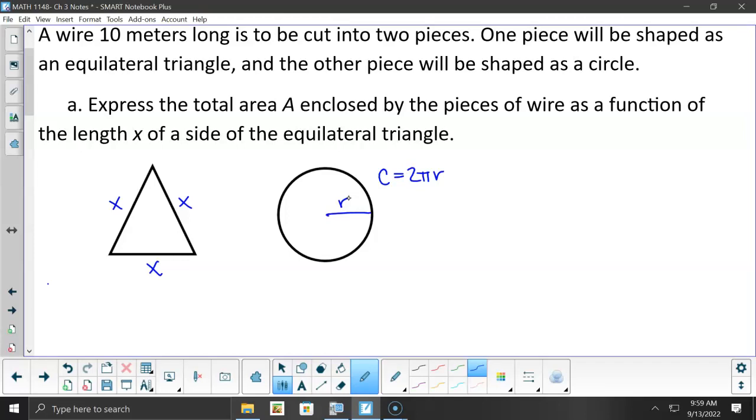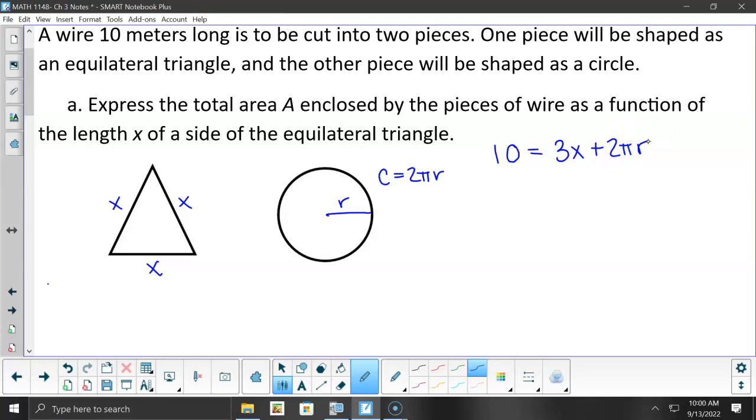So my maximum for all of this, because I'm constrained to the 10 meters of wire, is going to be the 10 meters, and that needs to equal 3x, my perimeter here, plus 2 pi r.